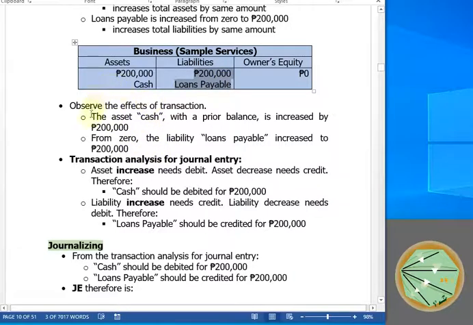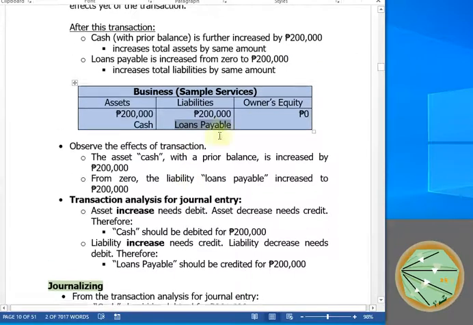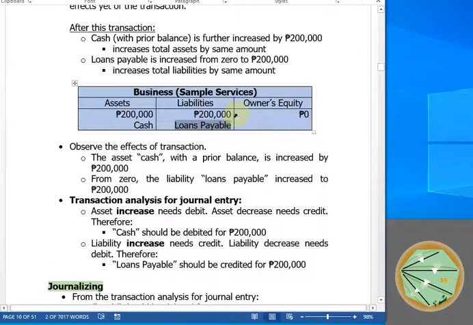So let me reiterate. Because of the transaction, assets increase by 200, and that is from cash. Liabilities, on the other hand, increased also by the same amount, 200, and that is because of loans payable. The transaction did not affect any owner's equity account. That is why it is 0 on this part as to effect.